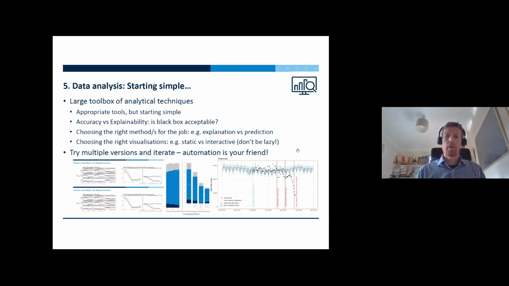So really the consideration here is about using the right methods for the job, depending on what we want to do, and also choosing the right visualizations that we need. So that might be static charts in slide decks or interactive dashboards that areas can jump in and interact with and effectively make multiple queries from the same dashboard.